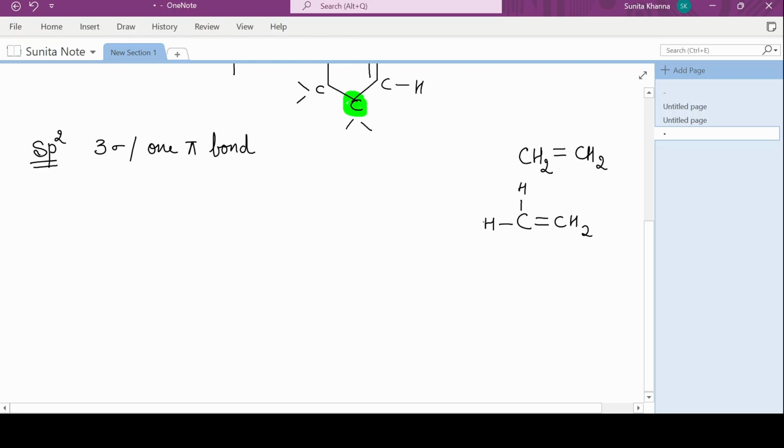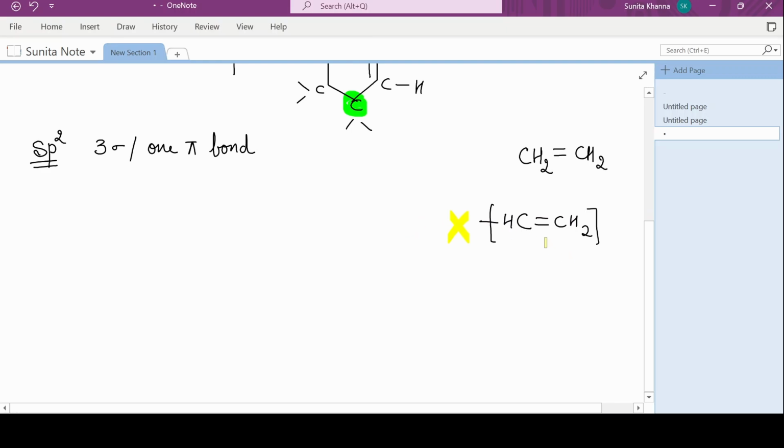Now I remove one hydrogen. It becomes a vinylic group, and one valency gets free. So when a halogen comes and attaches here, it becomes vinylic halide.